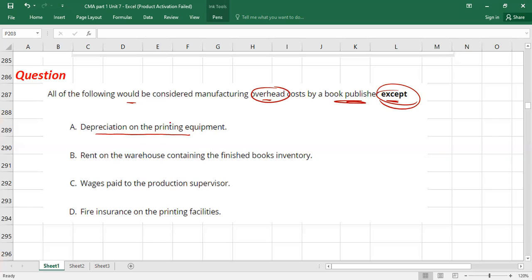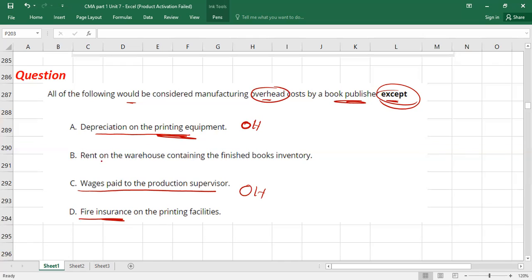Depreciation on a printing plant, a production plant, is overhead. Then let's read C first. Wages paid to production supervisor: overhead. I told you supervisor salary, manager salary, janitorial salary is indirect labor, part of overheads. Fire insurance. Insurance is also part of factory operating cost, which is part of overheads.